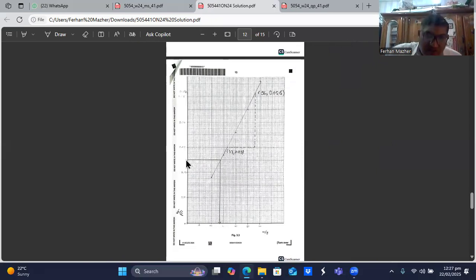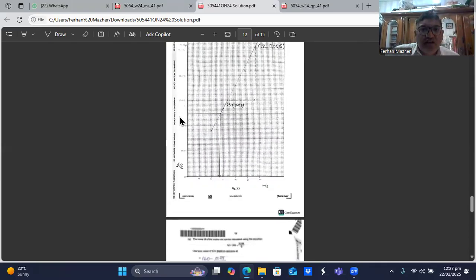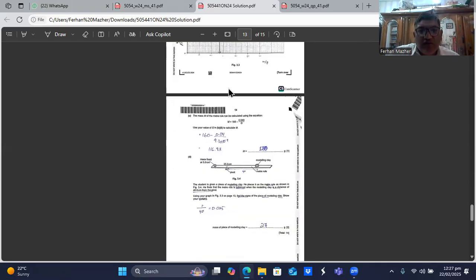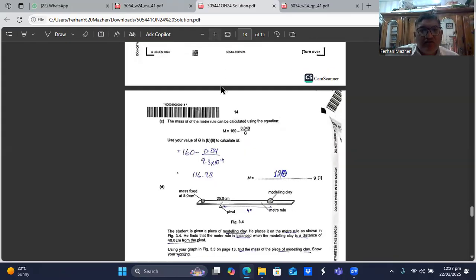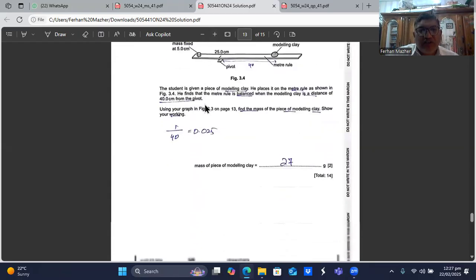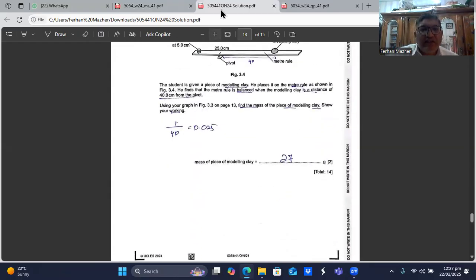From there, I check where the 0.025 is and come to the graph. When I intersect the graph, under that point I check the value of x, and that is the mass. So that is approximately the answer which I gave to you, 27. So that answer is approximately 27 gram.